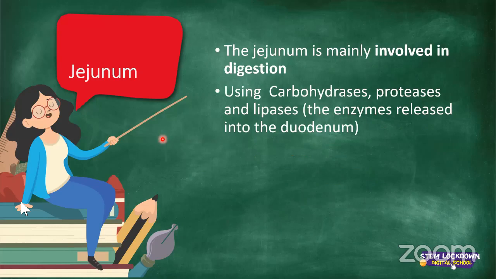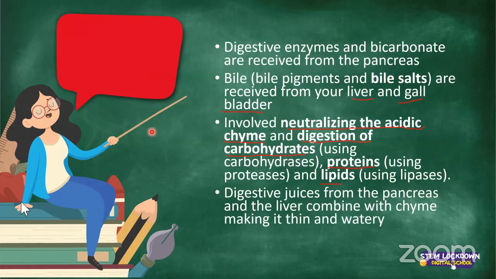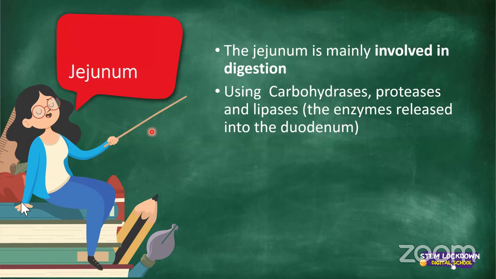All right, so that just made up the duodenum. This is where we end with the duodenum, which is the first part of the small intestine. Now we move along to the jejunum, which is the second part of the intestine, right? So the jejunum is mainly involved in digestion.